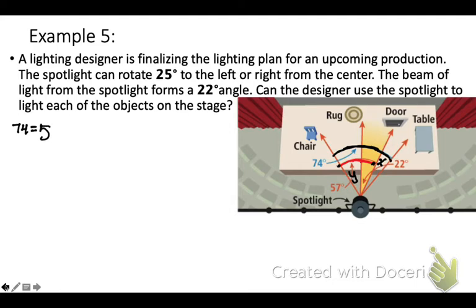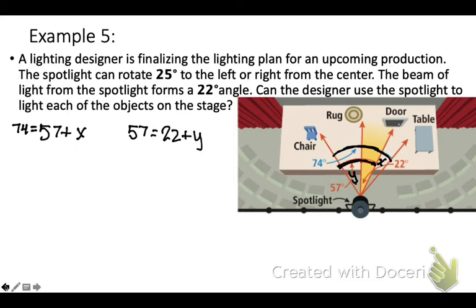Plus what? 22. 22 is the yellow. Plus X. That would help. We can figure out X there, right? Yeah. Okay. Now what about 57? What's it equal? 22 plus Y, not X. Why? Because 57's right here. So 22 plus Y.